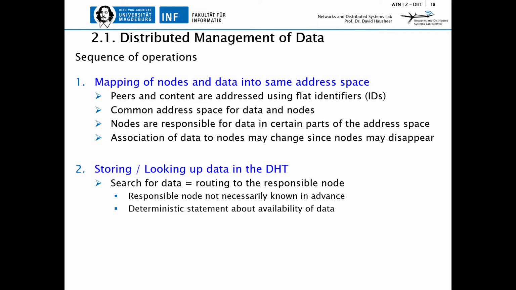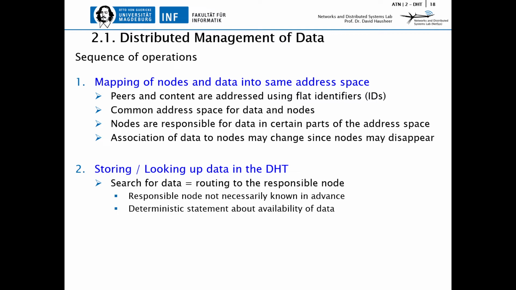Once this mapping function has been determined, data can be stored and looked up in the DHT. And now search here means that a query is being routed to the responsible node that is then able to answer the corresponding query.